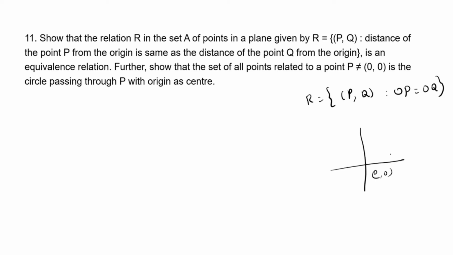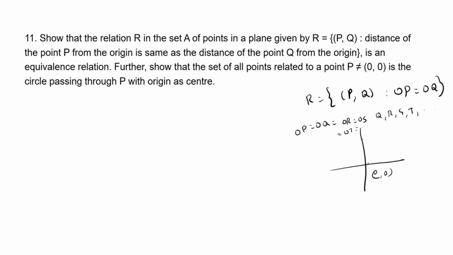Say suppose P is some point over here, and if we consider all points related to P, the points Q, R, S, T, etc., all these related to P, then we will have OP equal to OQ equal to OR equal to OS equal to OT, and so on.